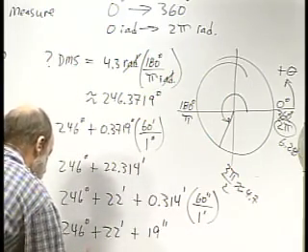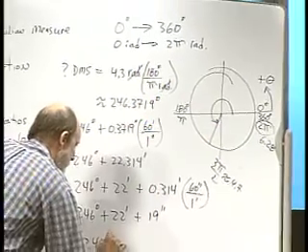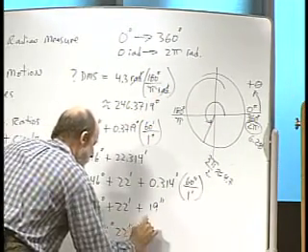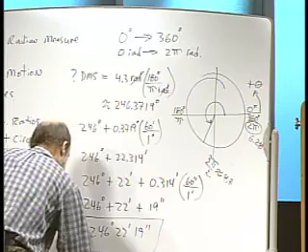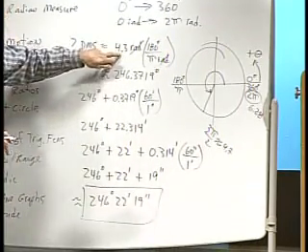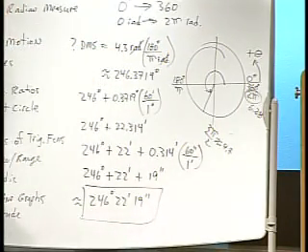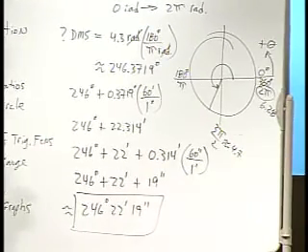Typically you just write this down as 246 degrees, 22 minutes, 19 seconds for your approximate answer for 4.3 radians. I just wanted to make sure I went through that with you. That's pretty basic.